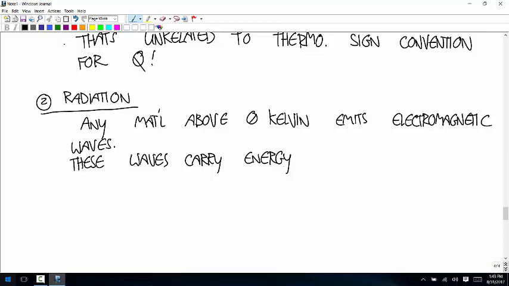But on Earth, yes, everything is above 0 Kelvin and everything emits radiation. That's radiation.